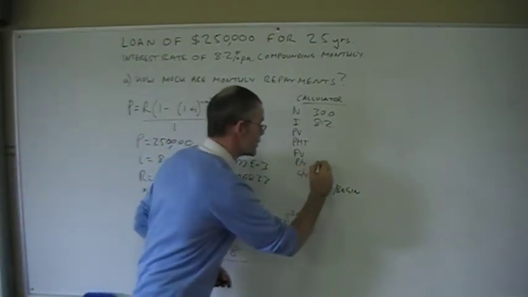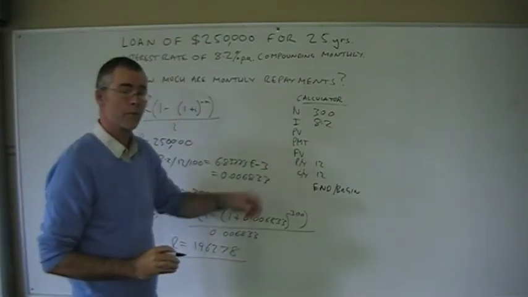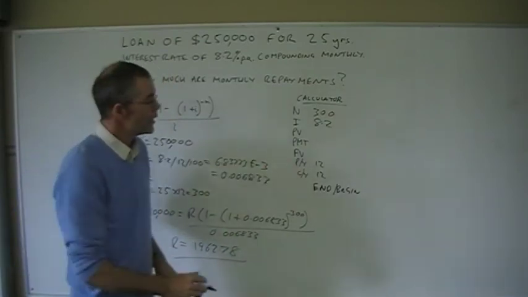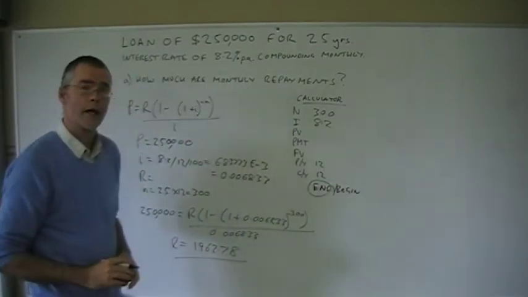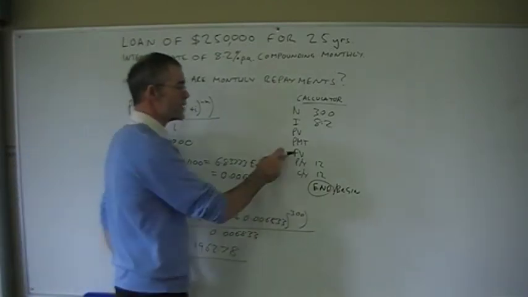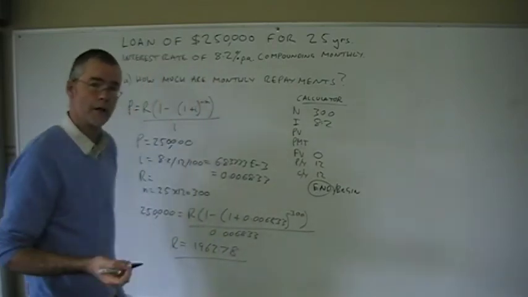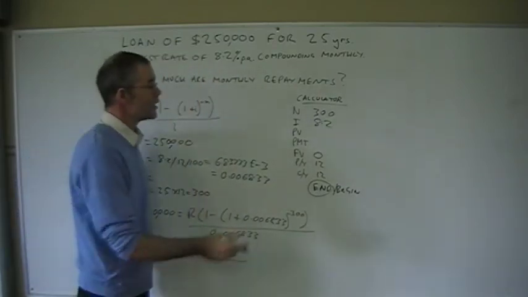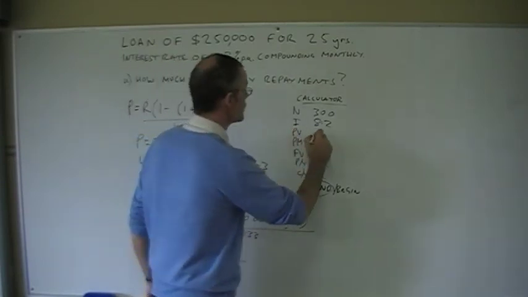You tell it payments are monthly and compounding monthly, so it can now cope with that for each month. Down the bottom here, loans are always set on end. Now these numbers in the middle, FV is the final value, and that's 0. When you've paid off your loan, you don't owe anything anymore. PV is the principal that you owe in the beginning, and it's 250,000.